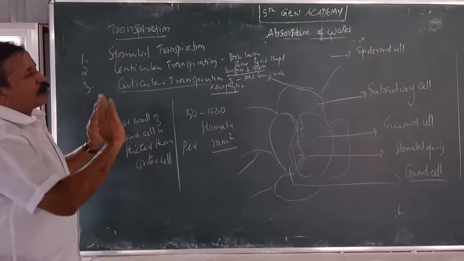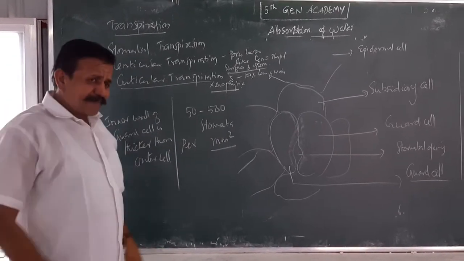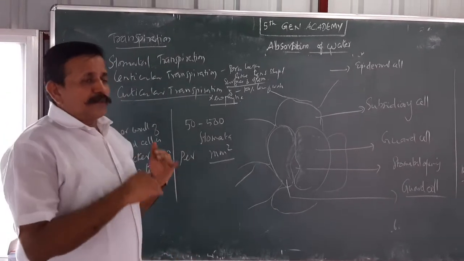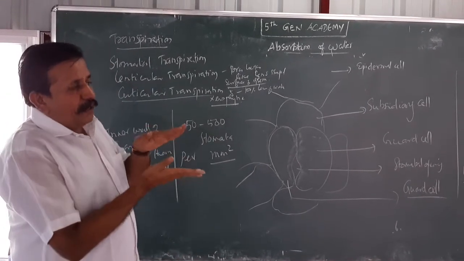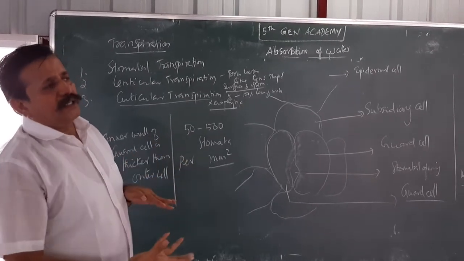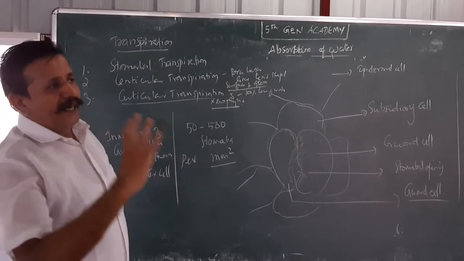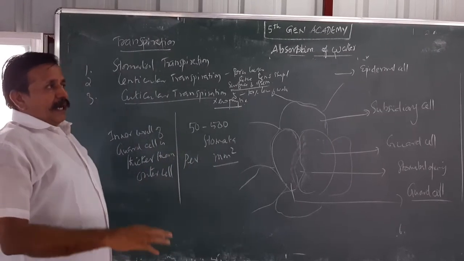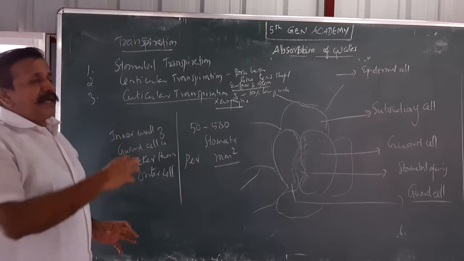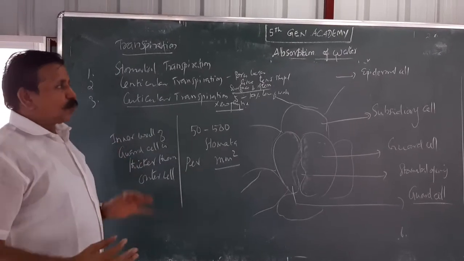Now we want to see stomatal transpiration. In general, in angiospermic plants, the lower epidermis of the leaf abundantly has pores called stomata. The excess water mostly comes out from the plant to the atmosphere through stomata.